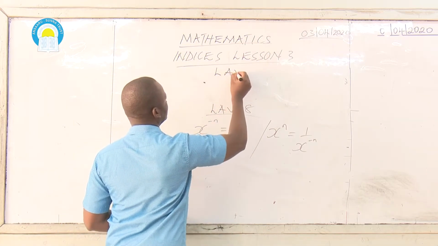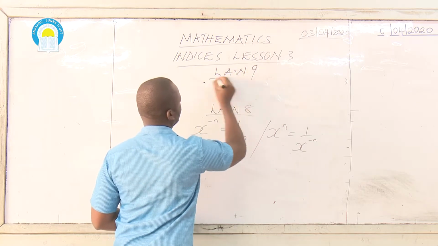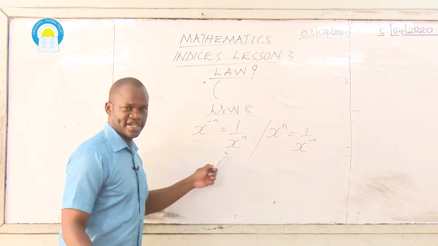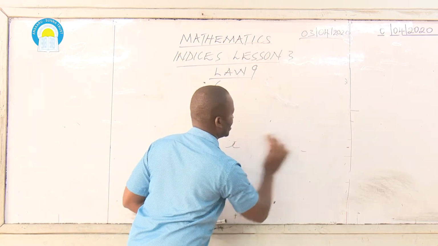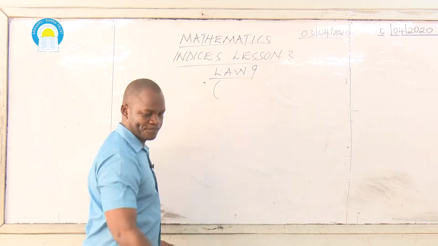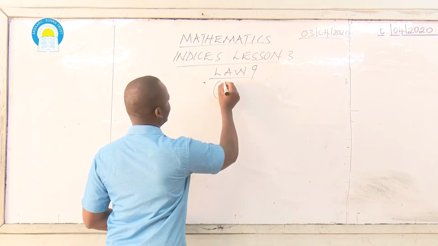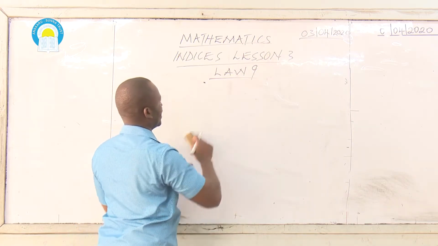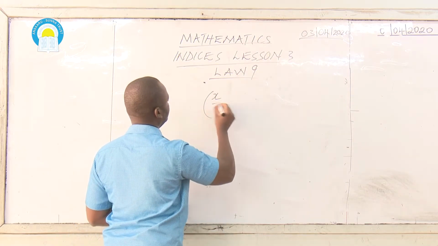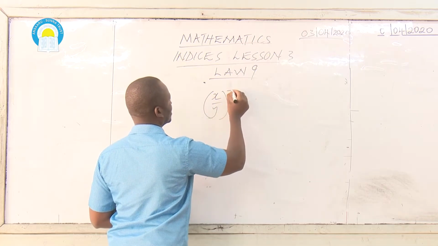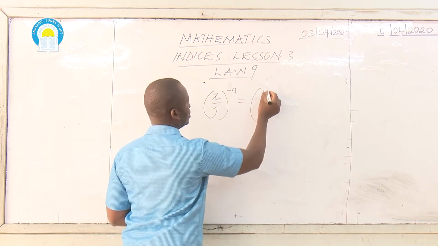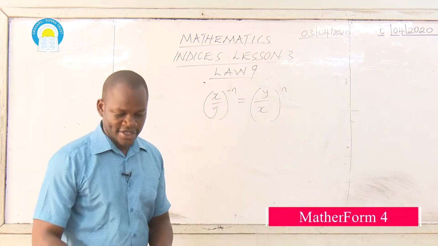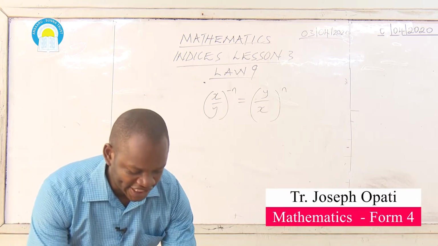So law number 9 was given by x over y power negative n, that will be y over x power positive n. So those are 9 laws.